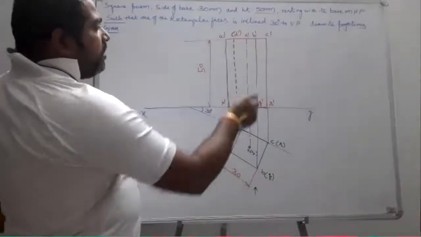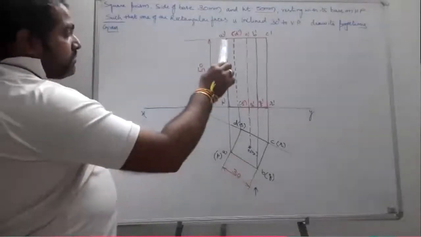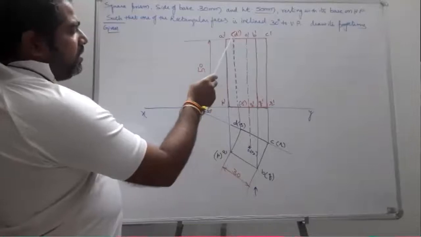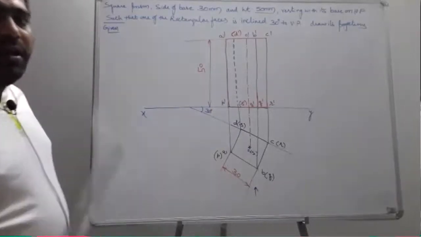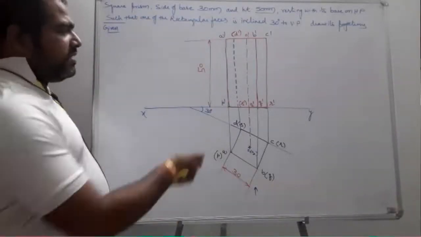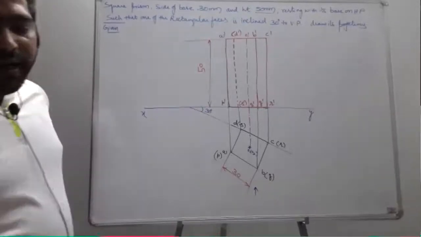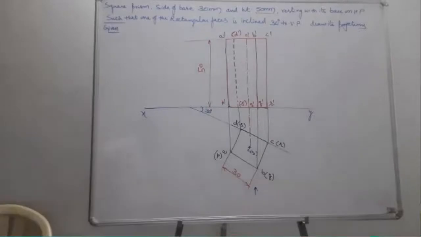So when you join all the edges, you are going to get solid lines. Okay. But only DS is going to be the imaginary line. Why? Because it is invisible. So I just represented it with a dotted line. Okay, students, have you understood?